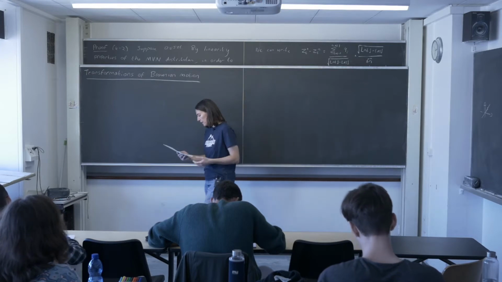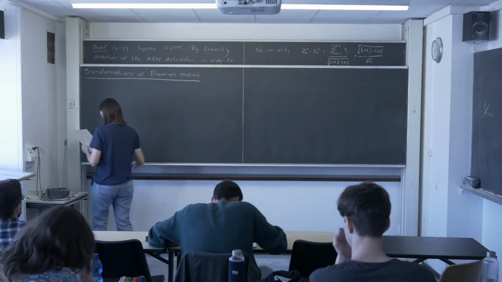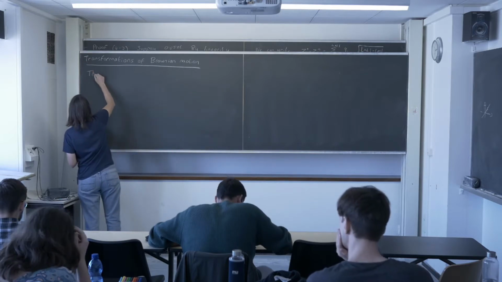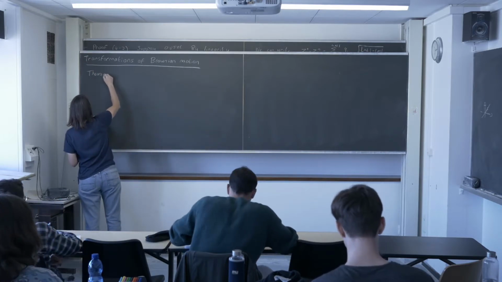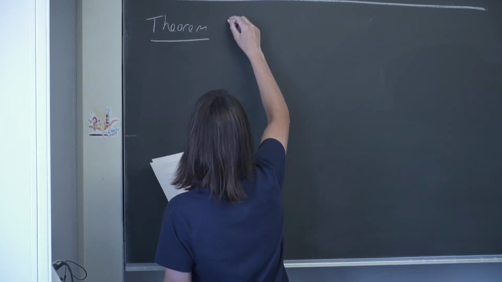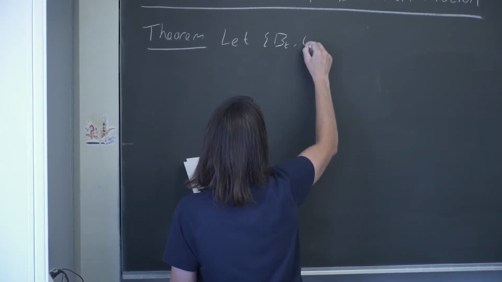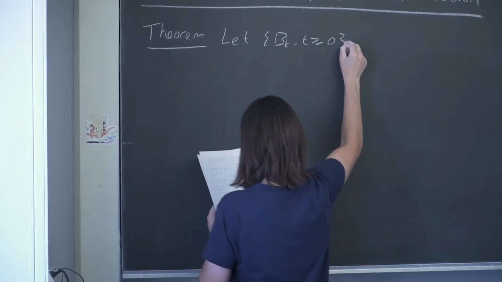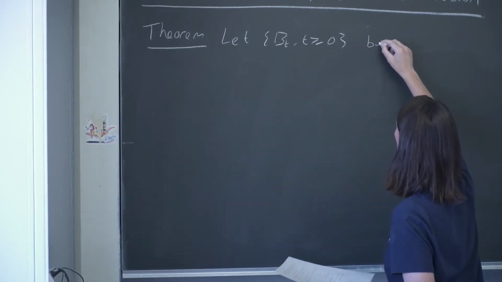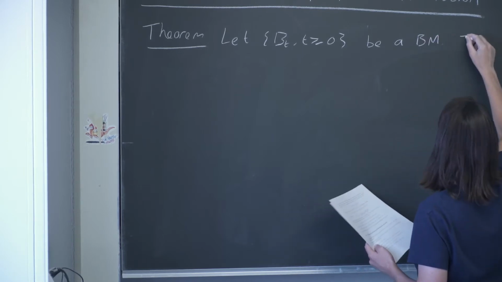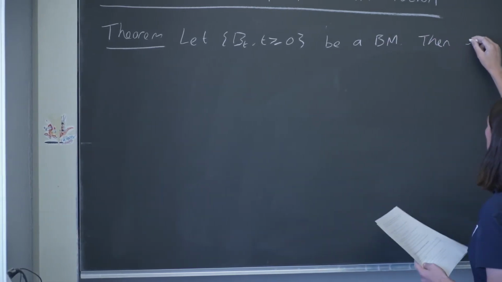So it's invariant under certain transformations. So here's our next theorem. Let B_t be a Brownian motion. Then each of the following is also a Brownian motion.